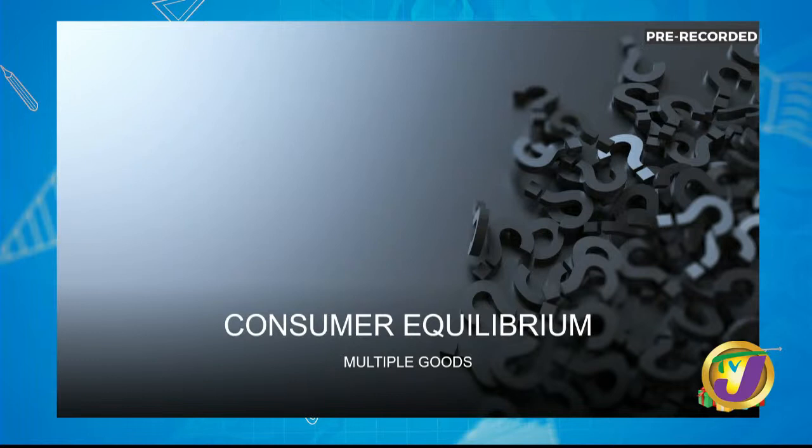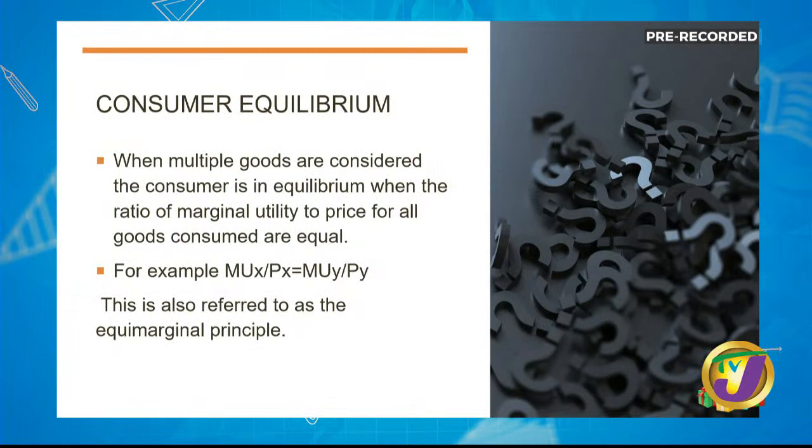Now, what if the consumer is consuming multiple goods? Because we know we don't just consume one good per day. And sometimes, even if you think about what you eat, you want to eat something, you want to have a beverage. Now, when we consider a multiple good framework, the consumer is in equilibrium when the ratio of marginal utility to price based on the last dollar spent on the first good is also equal to the ratio of the marginal utility to price of the second good.